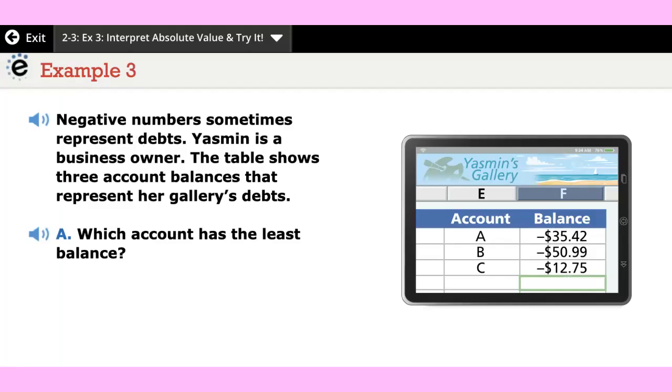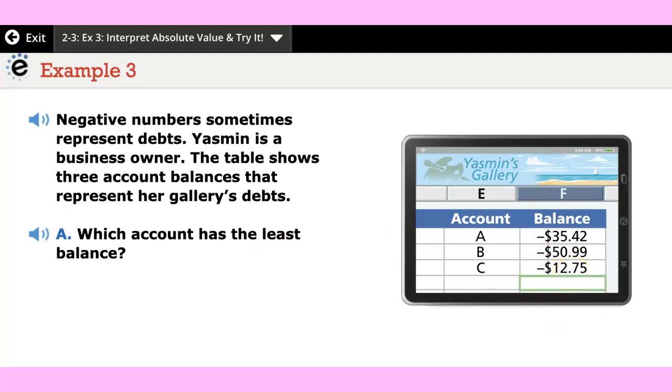All right, for example, number 3. Negative numbers sometimes represent debt. Yasmin is a business owner. The table shows 3 account balances that represent her gallery debts. Which account has the least balance? If you say C has the least, meaning the smallest balance, you're correct.